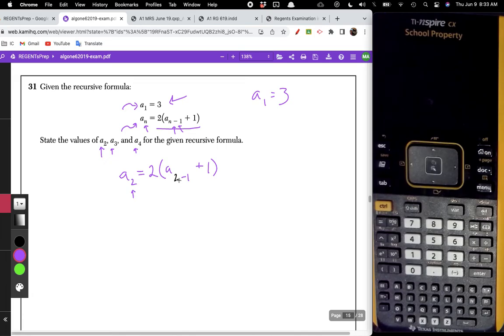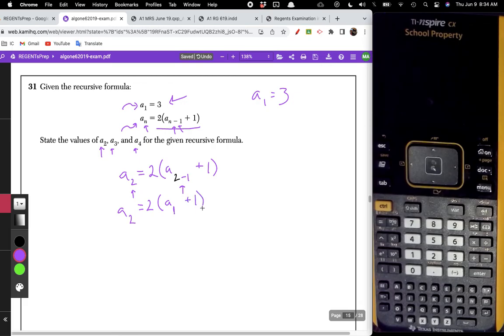Well, here's where we get to the recursion part. Let's deal with this. 2 minus 1, I know, is really 1. So I'm going to bring down a sub 2 equals 2 parentheses, and a of 2 minus 1 is really a1, plus 1.